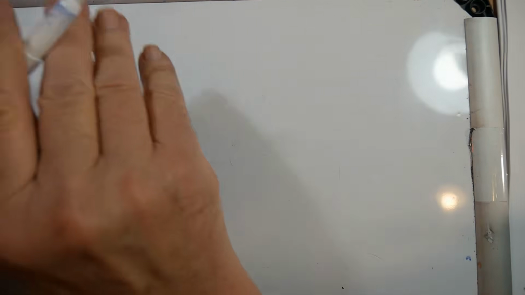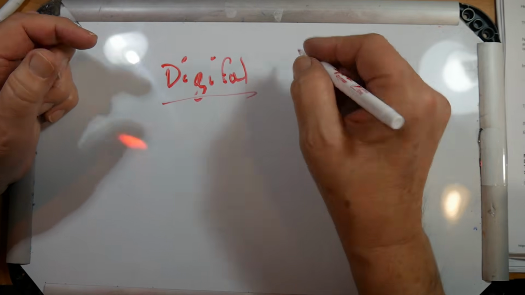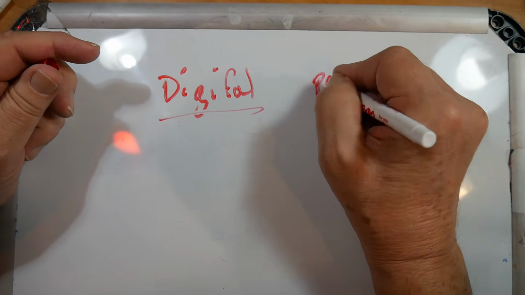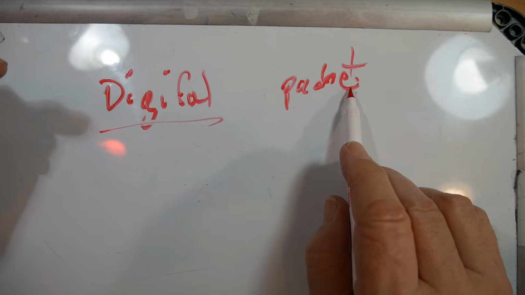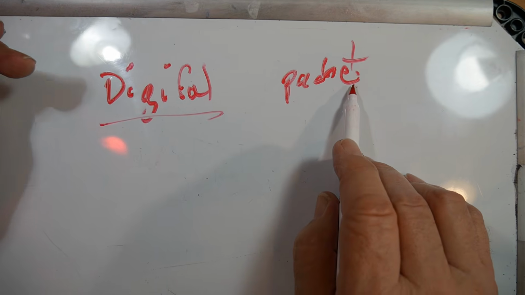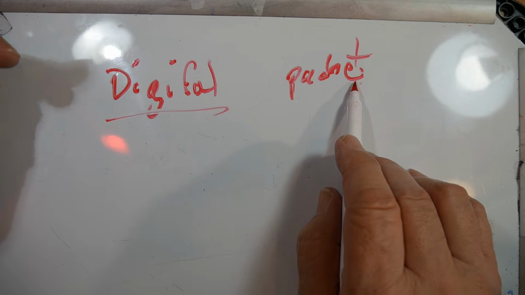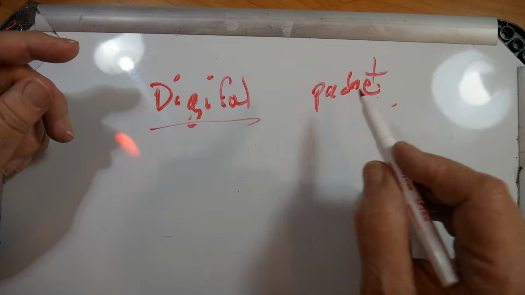Now, let's talk about the greater emphasis on digital. Digital in our case, we're going to be talking about everything from packet. Yes, there is HF on packet. I once read an article about packet radio and how wonderful it was on HF, and that turned out to be completely incorrect. Packet is terrible on HF.